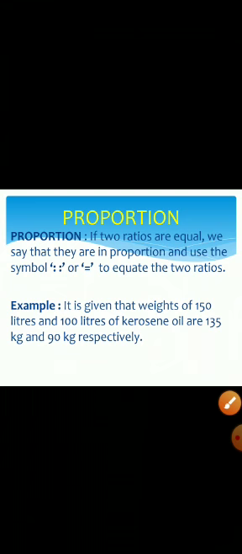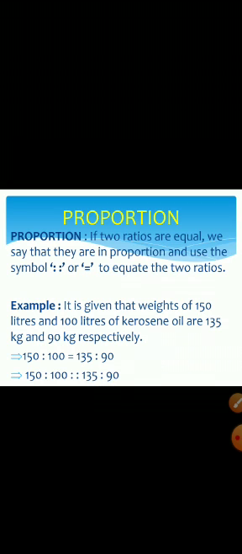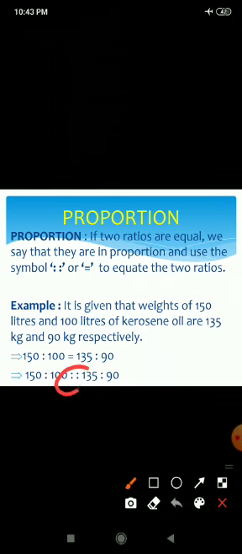Here, in the example I have taken, the weights of 150 liters and 100 liters of kerosene are 135 kg and 90 kg. So we can write 150 is to 100, both in liters, and 135 is to 90, both in kg. Or you can write it in this way also. In place of the equal to sign, we can use this symbol also.